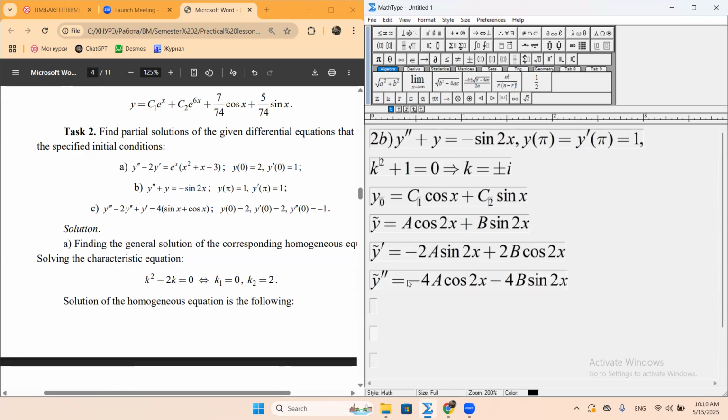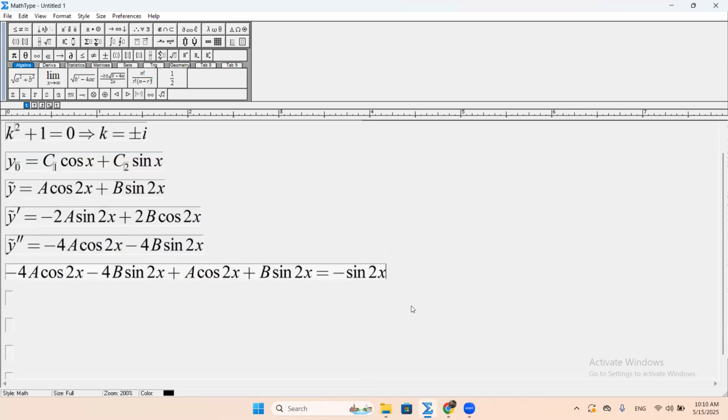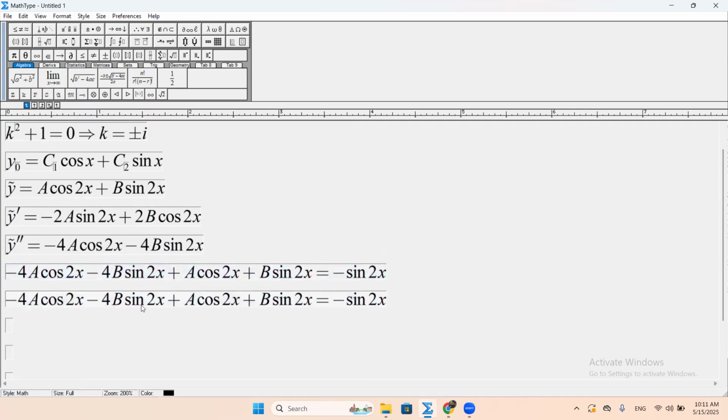And now substituting into the initial equation, this expression and this expression, and it will be equal to minus sine of 2x. So simplifying this expression, what do we see here?